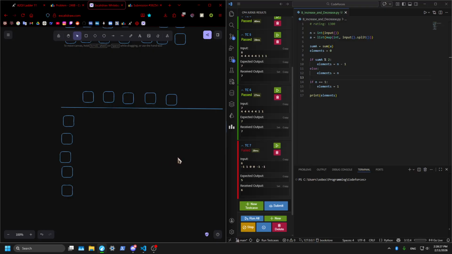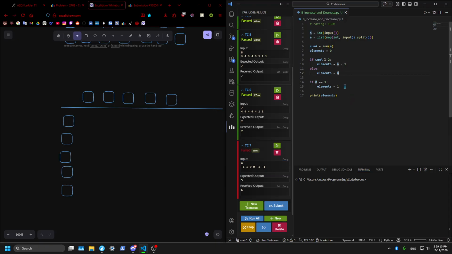This is odd. Wait, I received 6. Why did I receive 6? What is -1 mod 2? This one. We're going here. 6 minus 1 is 5. Is it something to do with the sum? I'm getting -2, so it's even.